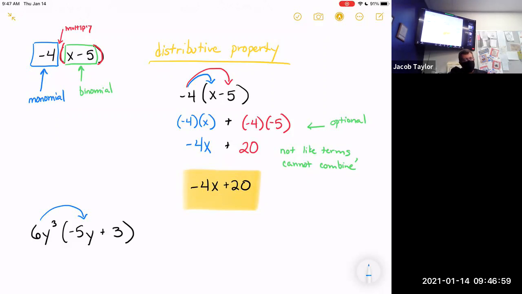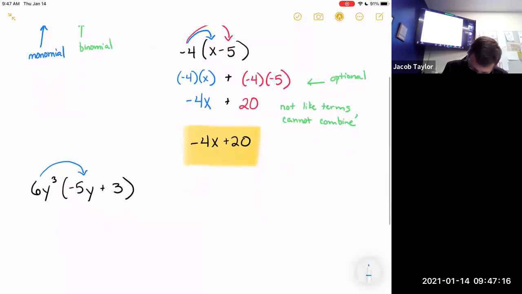Now they have a variable, but the variables are different powers. That's okay if we're multiplying. It's okay to multiply unlike terms. It's just not okay to combine unlike terms. So we can still do this. We can do the 6y cubed and the negative 5y multiplied together. So it'll be 6y cubed multiplied by negative 5y.